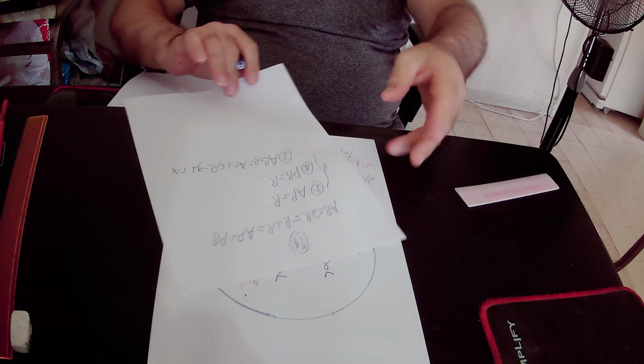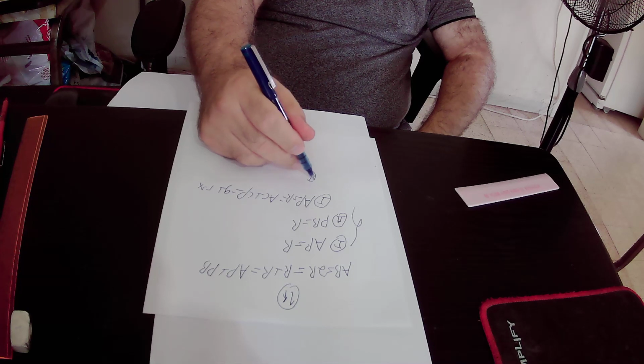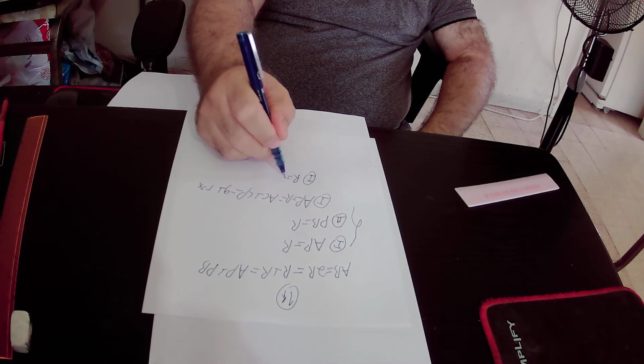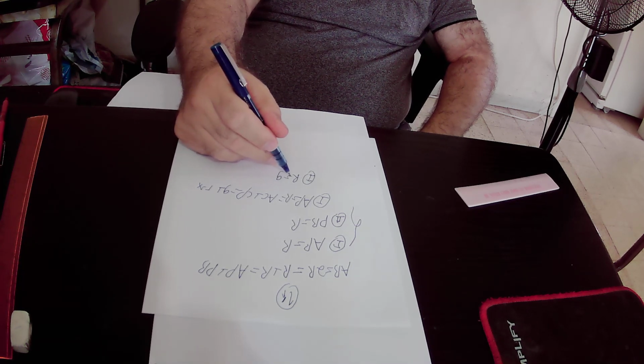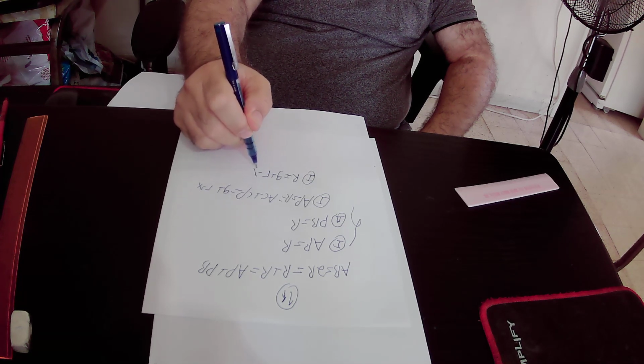Okay, so we can write down that capital R, the radius of the big circle, equals 9 plus small r minus x.